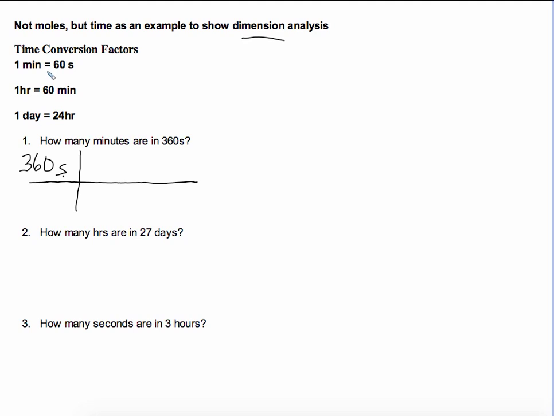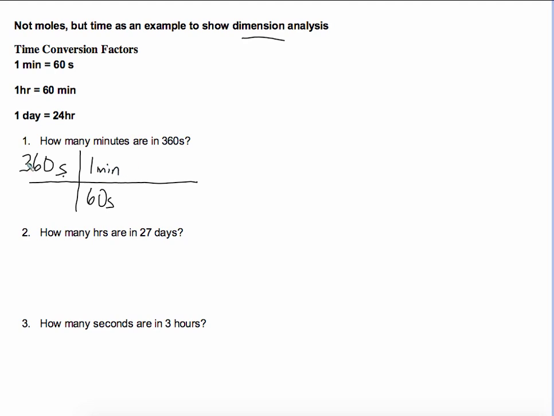Now the next critical thing with dimensional analysis is one of these numbers in the conversion factor is going to go on the top and one's going to go on the bottom. And here's how you always know. The units have to go diagonal, have to be the same. So like 360 seconds, this 60 seconds will go on the bottom, and then the 1 minute will go on the top.